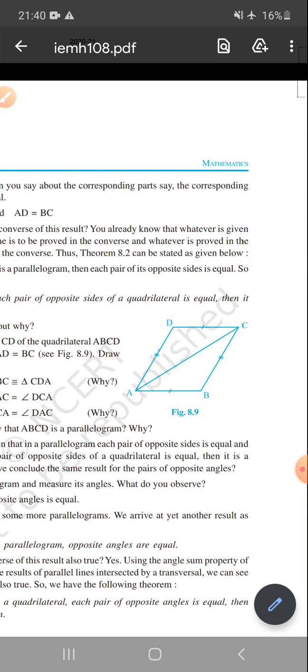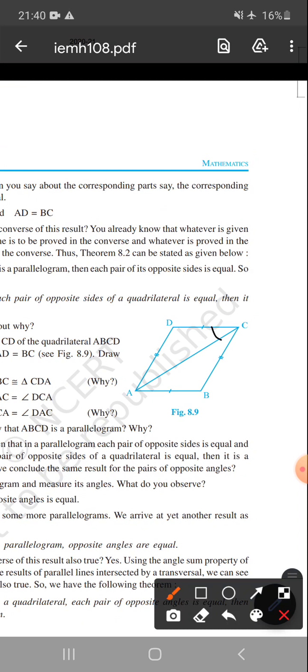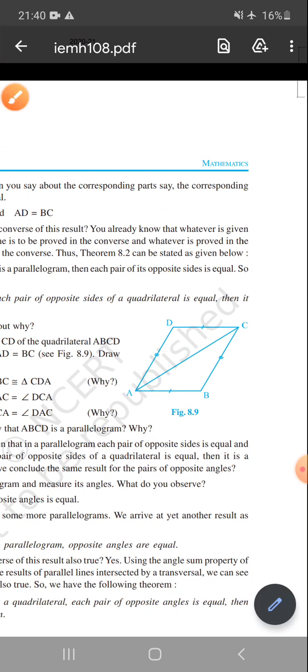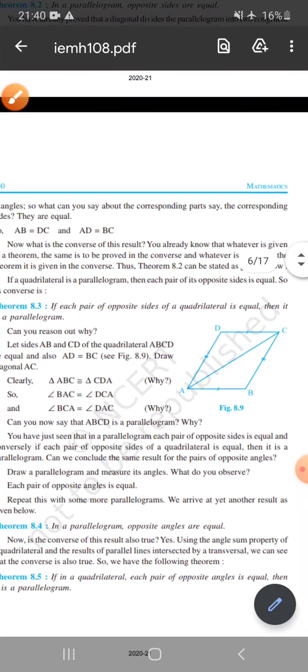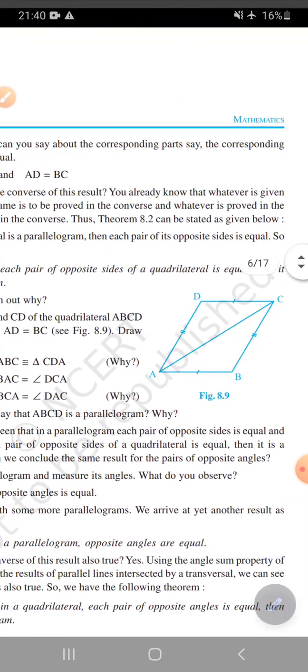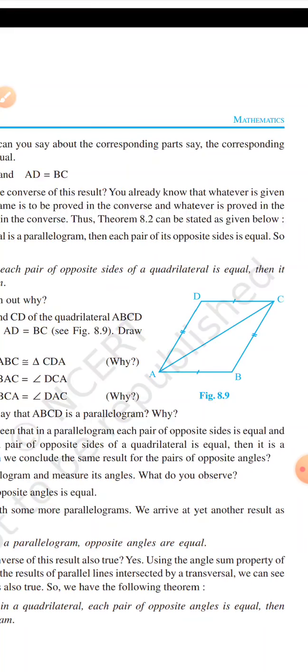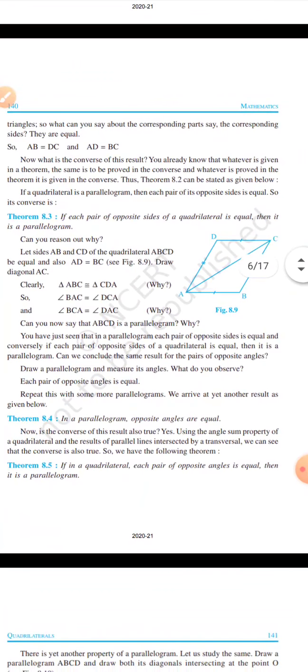And in the same way, if two sides DC and AB are intersected by a transversal, and the pair of alternate interior angles are equal, then they are parallel. As opposite sides are parallel, that's why we can say that the given quadrilateral is a parallelogram.